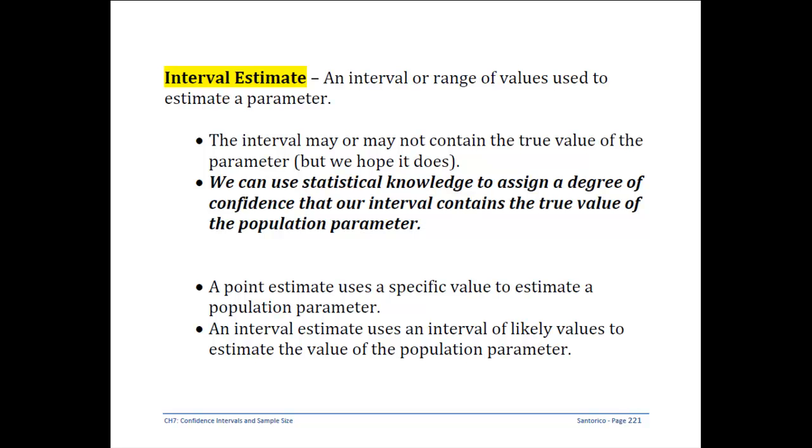We're going to talk about how to construct an interval that gives us confidence that we have captured our actual parameter, and we're going to use what we know about sampling distributions to do this. A point estimate just gives you one value, whereas an interval estimate takes into account the variability. So how precisely are you able to estimate your parameter?